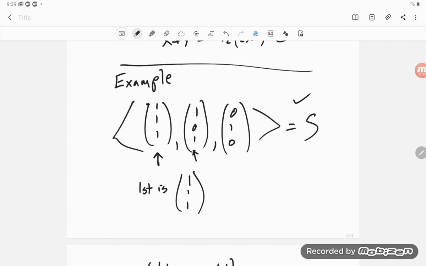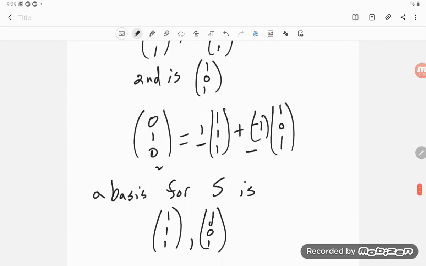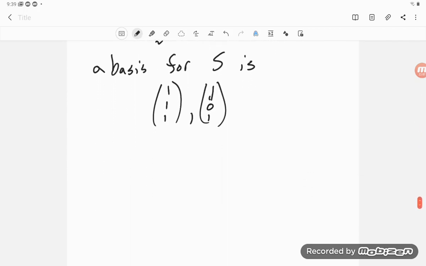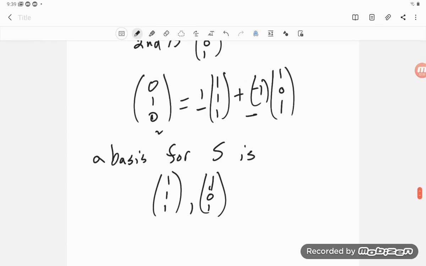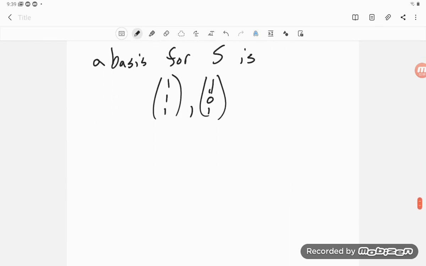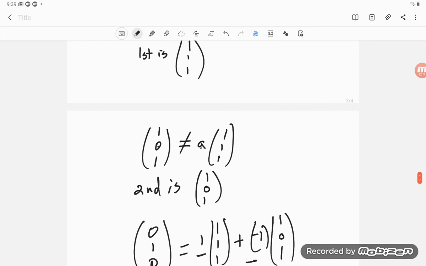I just proceeded left to right, and for something bigger, I would start with that 1, 1, 1, and if I could do it by inspection like I did here, great. Most likely I can for the first two vectors.